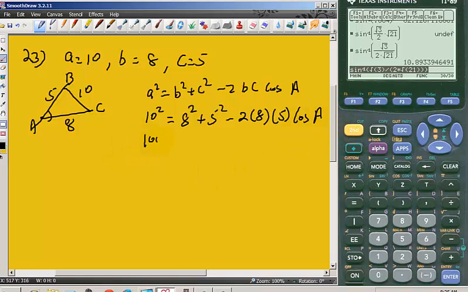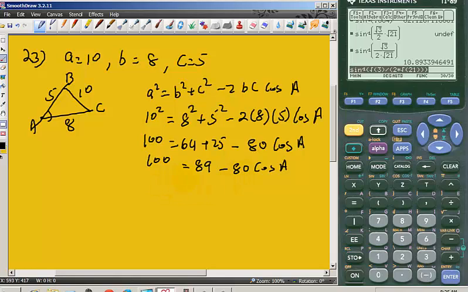Alright, this is 100, this is 64, this is 25, and that's going to give me 80 and cosine of angle A. This is 100, and that's going to give me 89 minus 80 cosine of angle A. Now, be careful, don't subtract 89 and 80.